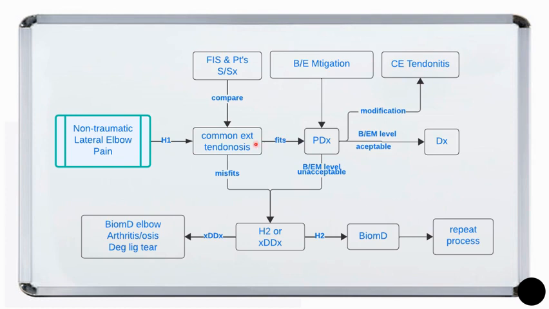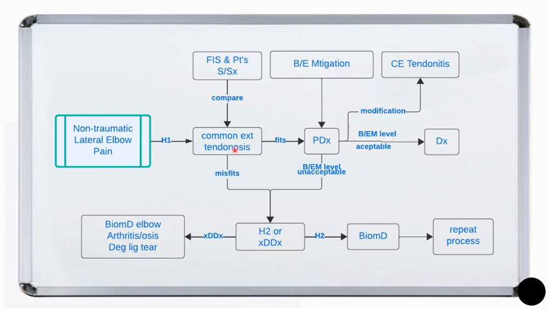The difference being that the signs and symptoms of tendinosis are much, much, much less acute than that of tendinitis. Or the level of bias and error mitigation may be acceptable, and we have a diagnosis without any modification whatsoever.